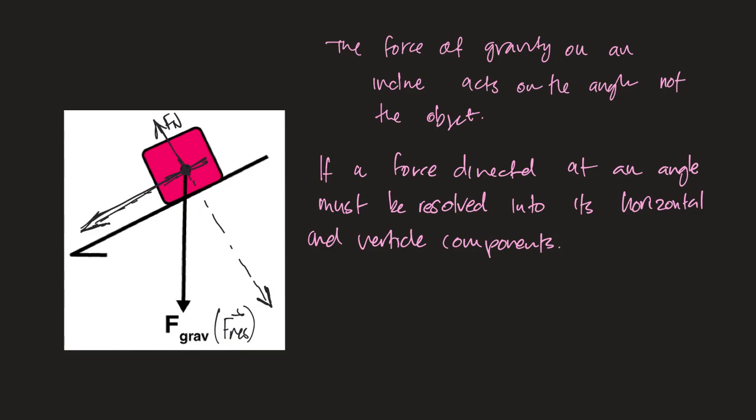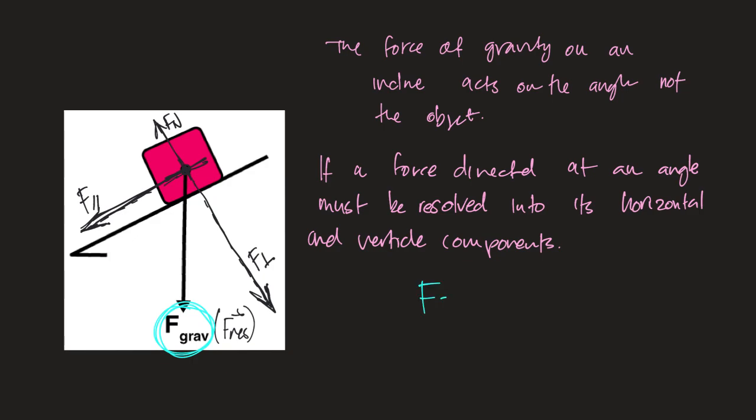So the one force here is called F parallel, because it's parallel to the surface. And the other force is here, and this is called F perpendicular. So I can't keep my force of gravity going downwards. I have to sort it into its components to do any form of calculation.